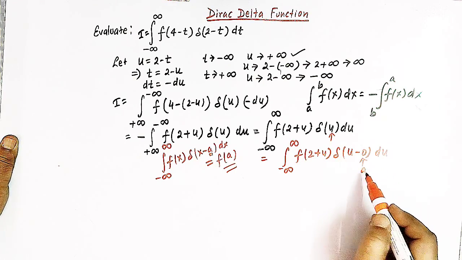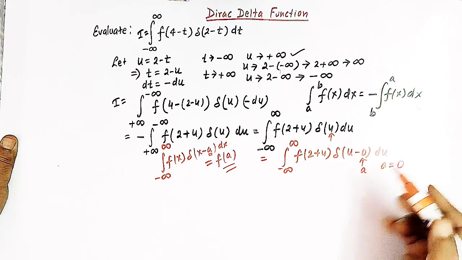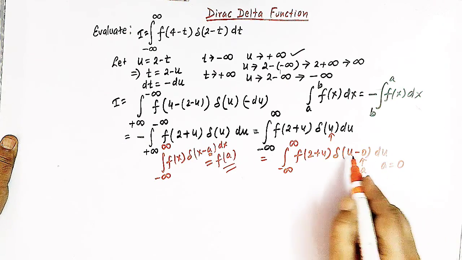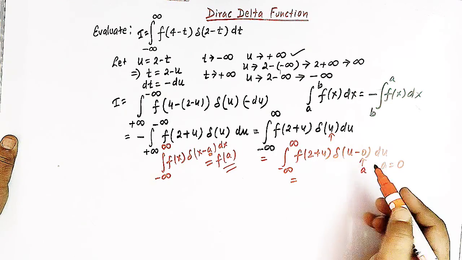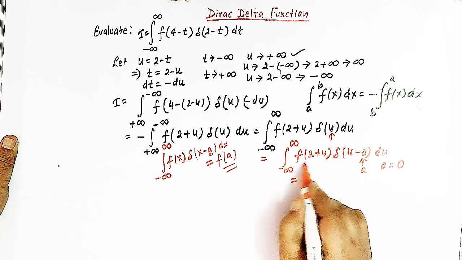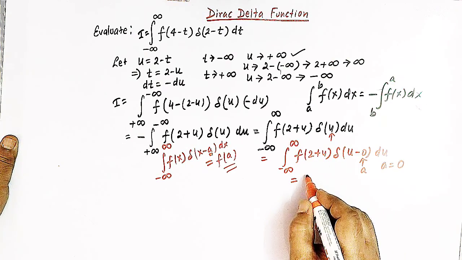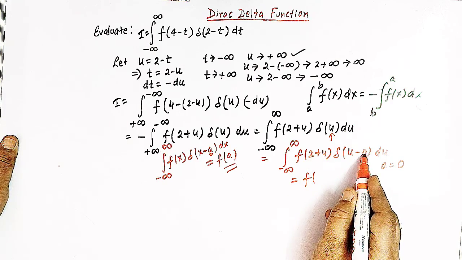So we can now take a is equal to 0, that is u is equal to 0, and evaluate the value of this function at this point, u is equal to 0. So the value of this integral is equal to the value of this function at u equal to 0.